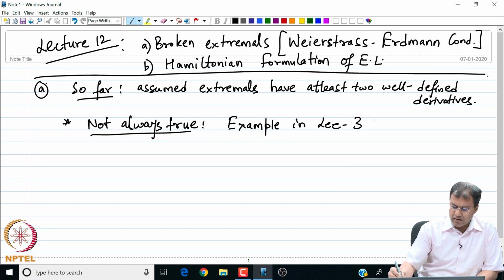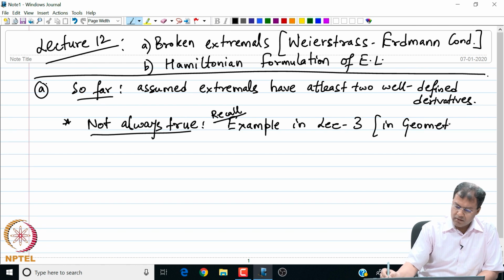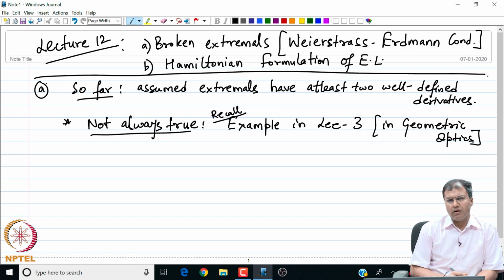There we found a very easy way, which did not involve any particular result, of finding an extremal which was not continuous in its derivatives. But we also promised towards the end of that example that we would derive the general conditions. So in this lecture we are going to do exactly that.